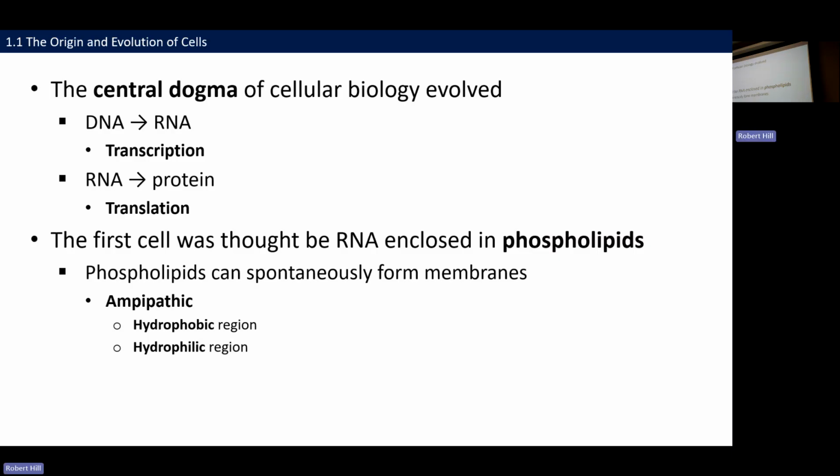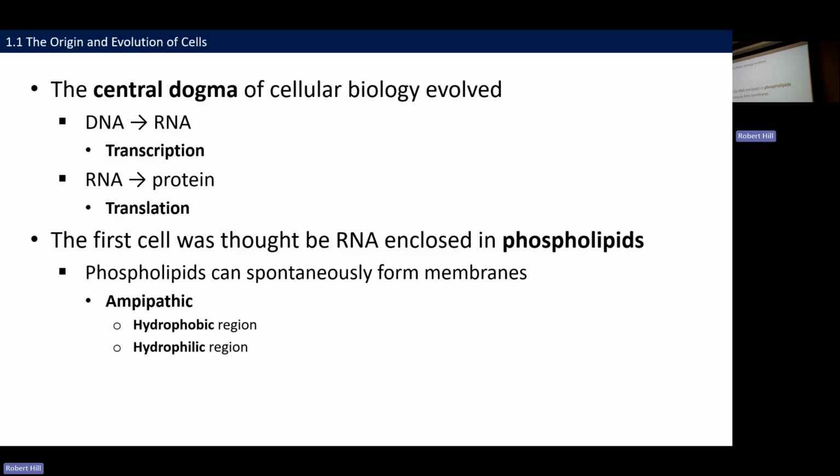So if I had a handful of these molecules and I threw them into a glass of water, there's only one way that they can orient themselves. They'll start to scrunch up tail to tail like this. And they'll do that continually until they form a sphere, because we have an aqueous environment here, an aqueous environment here, which makes the heads of this molecule happy.